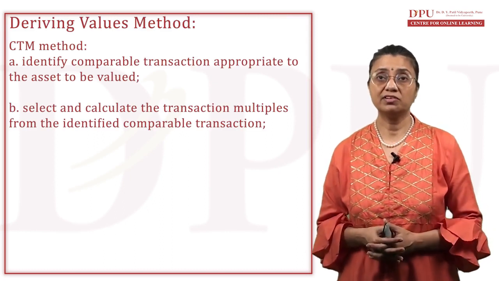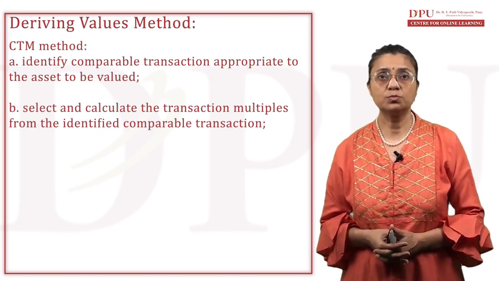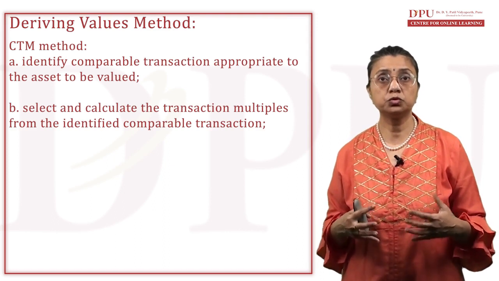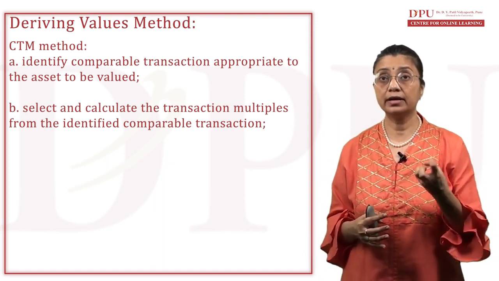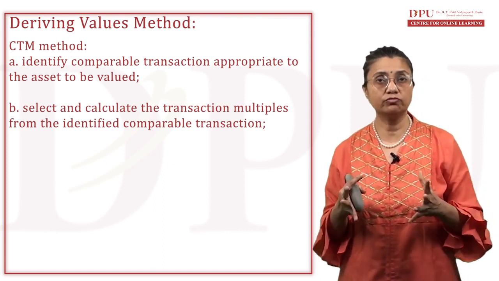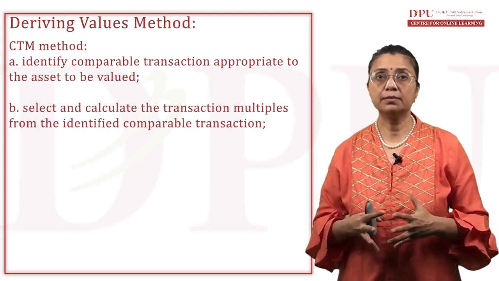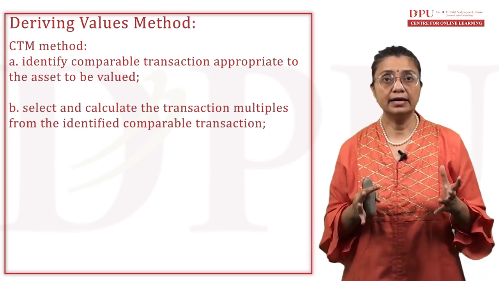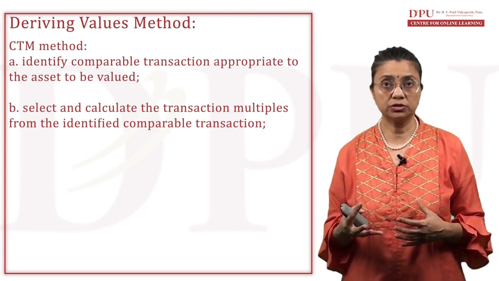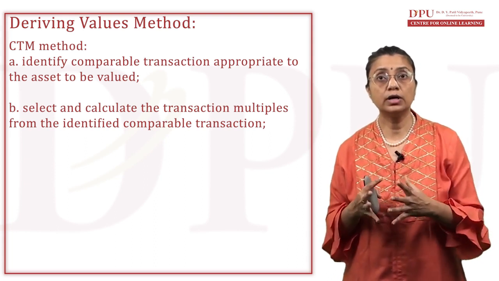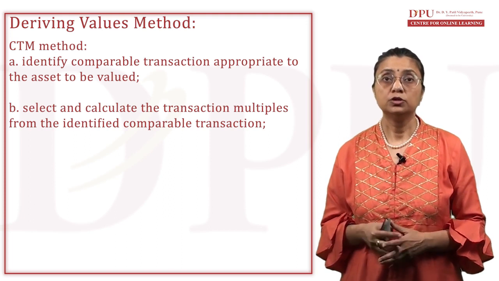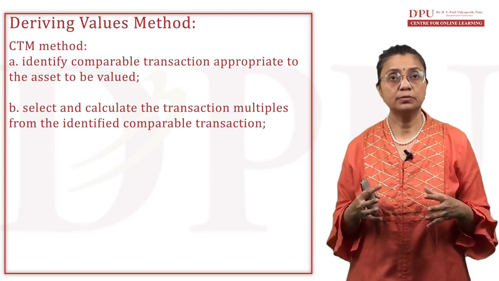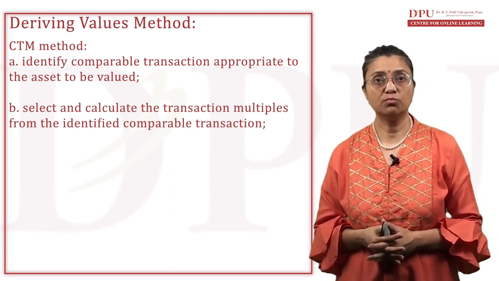Let's talk about the deriving values method. Deriving values methods are the methods used to understand how to derive values out of a set of values. So there is the CTM method. This method identifies comparable transactions appropriate to the asset to be valued. Basically it is the comparable transaction method, and we call it the CTM method.